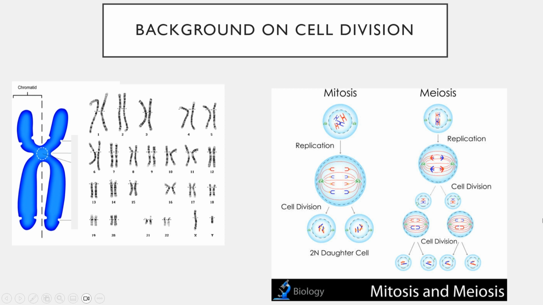And this results in 4 genetically unique daughter cells, unique from each other as well as to the original. If you want any more detail on the actual steps and processes, then do look up the National 5 biology, if that will give you the context and background for this part of the higher.